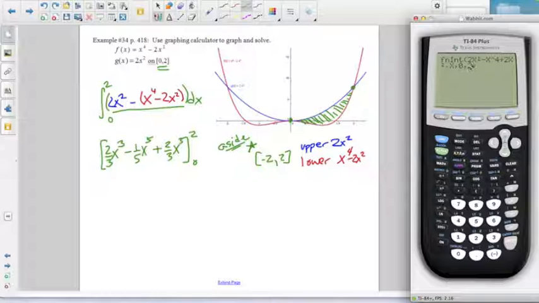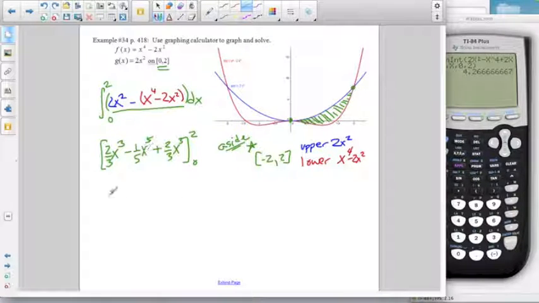And so we have our expression that we have in our integral. We have our variable, our lower and our upper limit, and we hit the enter key, and we end up with an answer of 4.26 repeating square units.